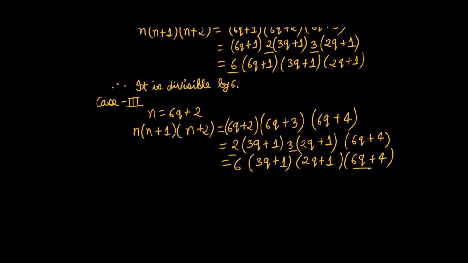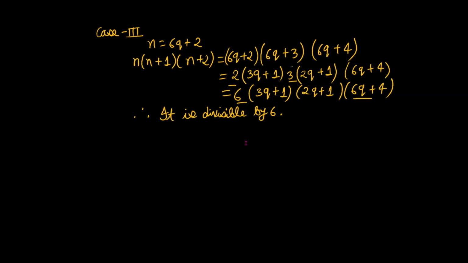We can take common here, but we are already getting 6 before that, so why should I take common? That's why I am writing here, it is divisible by 6. So moving towards case 4.